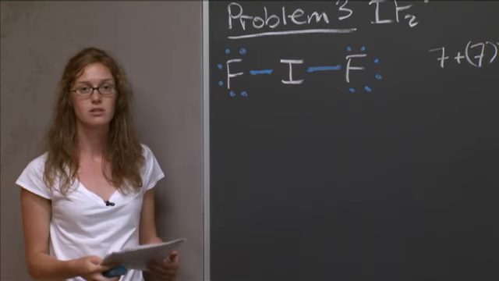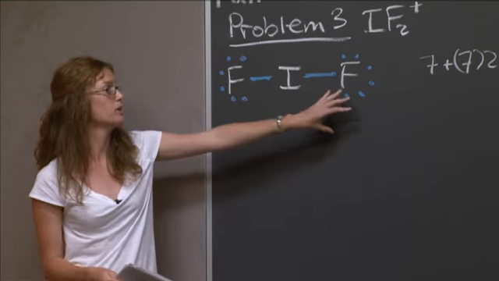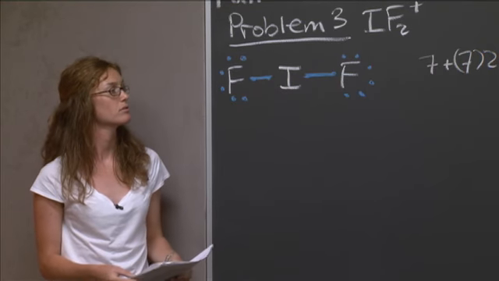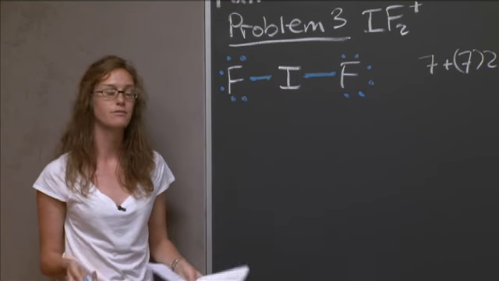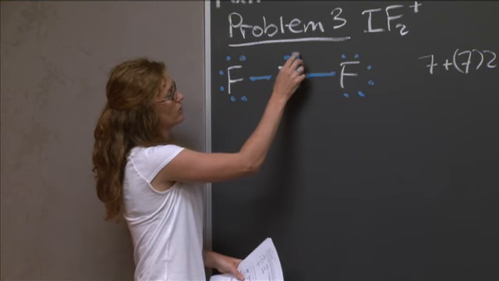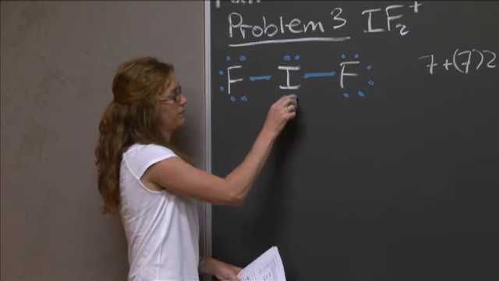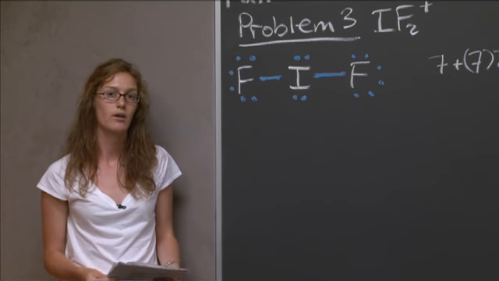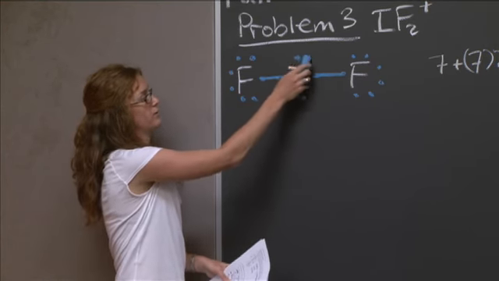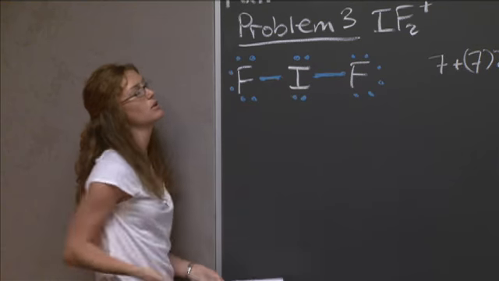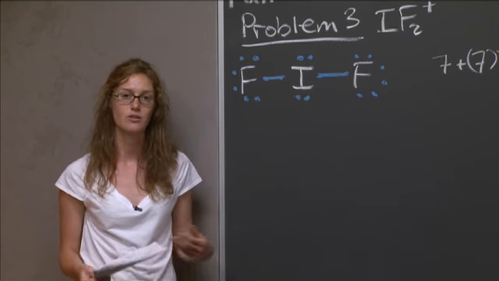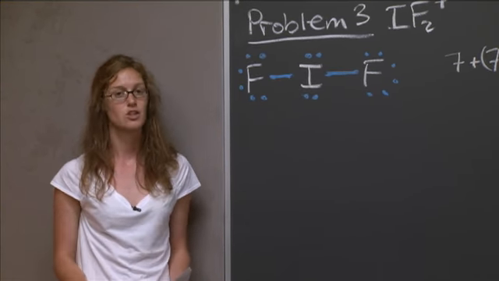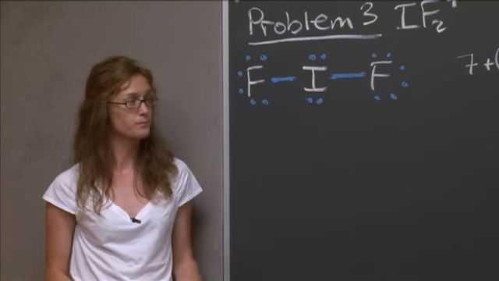We've used 8 electrons per fluorine, so we have a total of 16. We have 4 left, and we're going to put those on the iodine. Counting up how many electrons are around iodine: 1, 2, 3, 4, 5, 6, 7, 8. We see that the octet rule is also satisfied for iodine. This is looking like a pretty good Lewis structure.